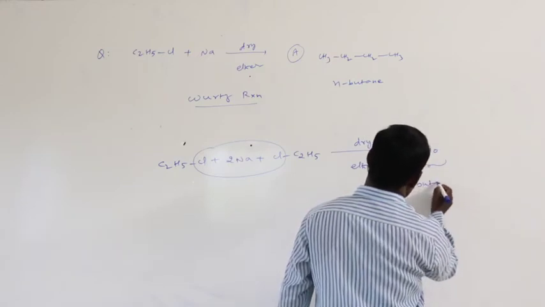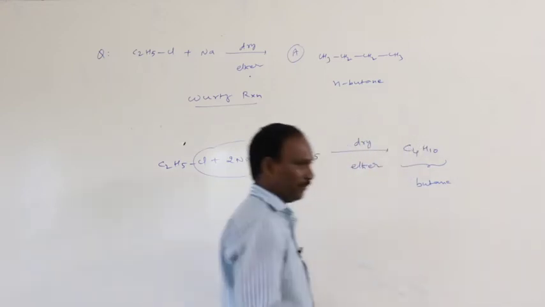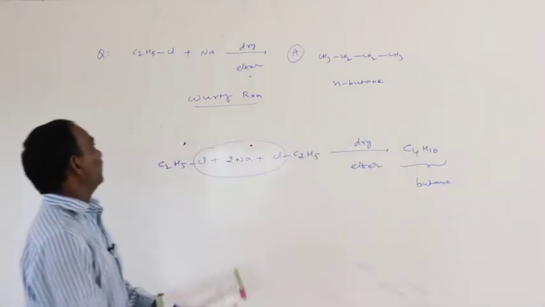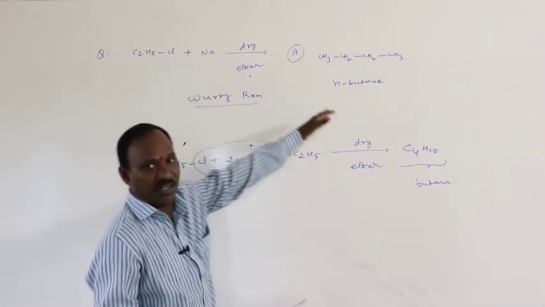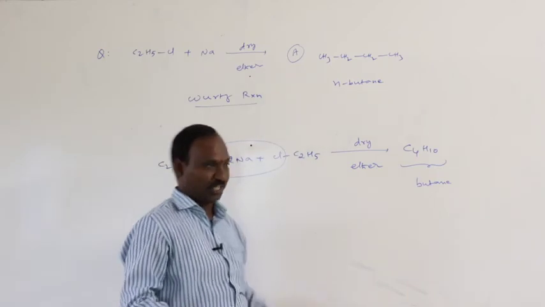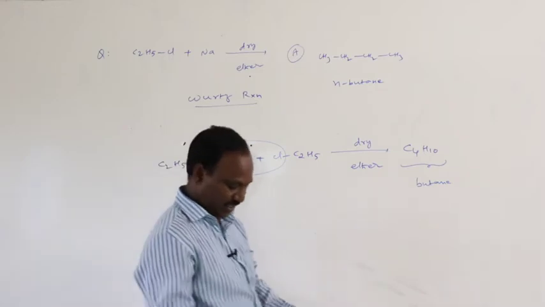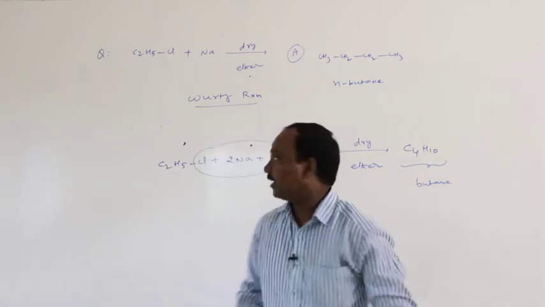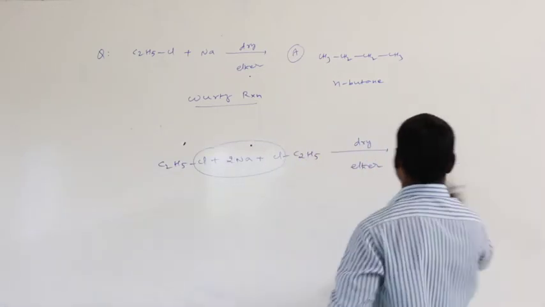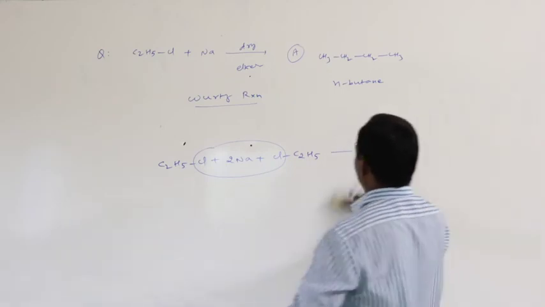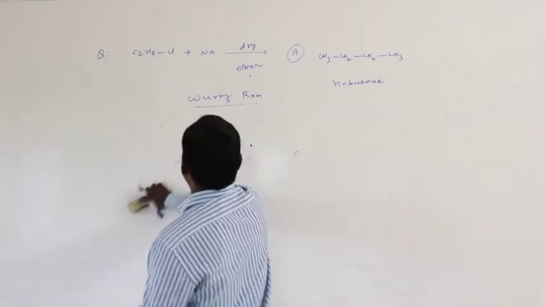This is the butane molecule. Simple identification: a double-carbon alkane is obtained in the Wurtz reaction. The reagent is sodium metal and the solvent is dry ether. Right. And one more important question.